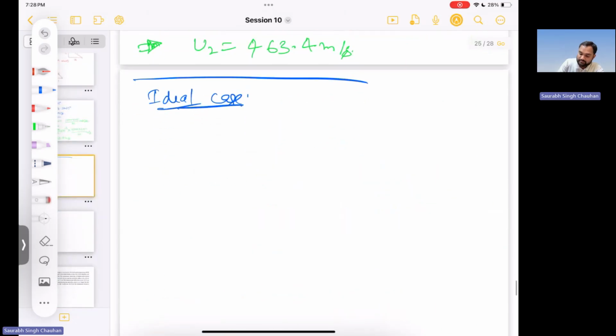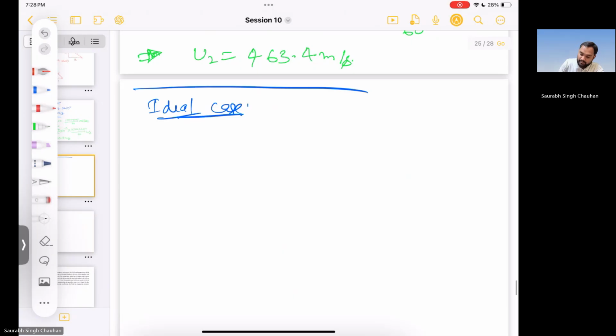Radially means the blade is inclined in the radial direction, something like this, and the fluid will be moving over this blade. So the relative velocity will be along this blade, along the radial direction.